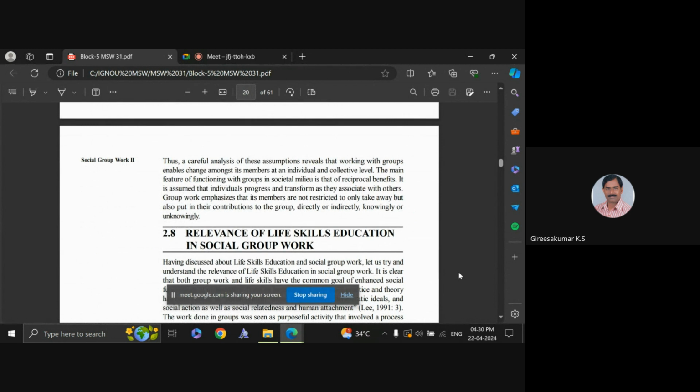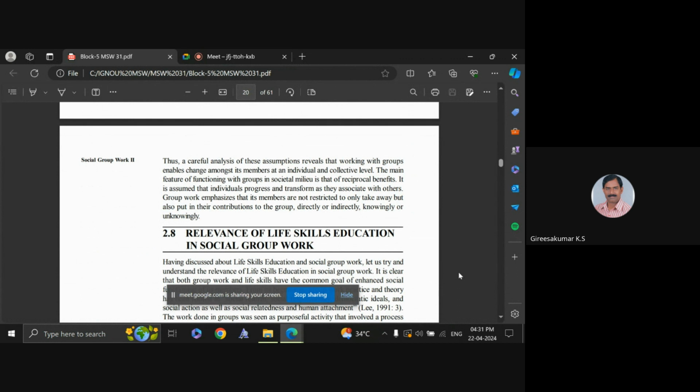Then relevance of life skills education in social group work. In social group work, life skills education is most important. We have seen that because, what is the need of social group work?